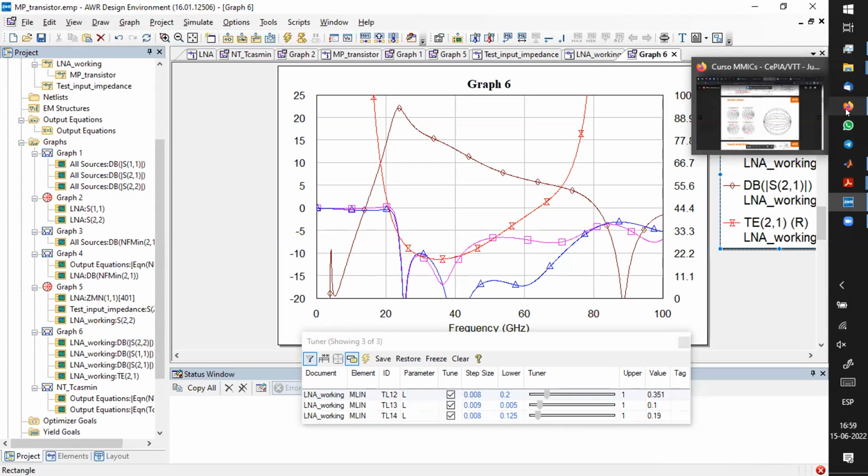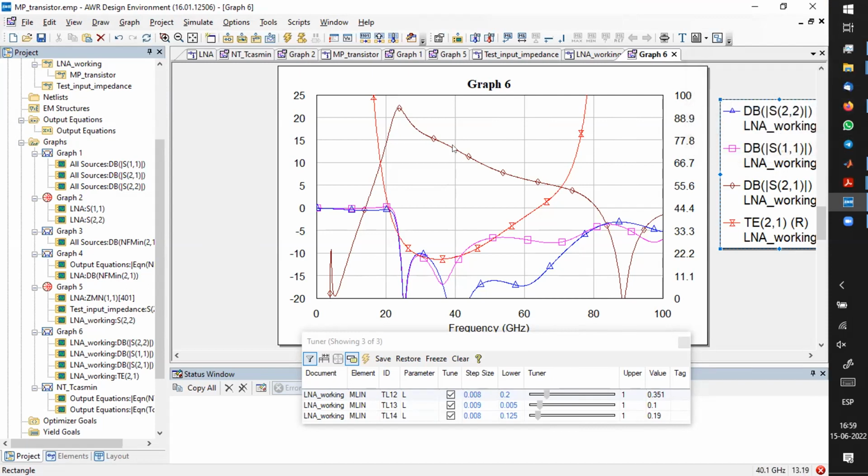Yeah, it's around 7 dB. So we should obtain at 40 gigahertz below 15. Okay, we are there, right? So we designed it for a single point, right? So it doesn't look good yet.